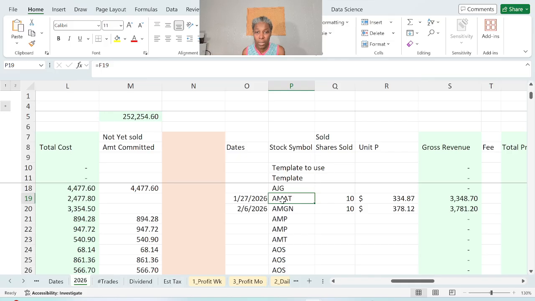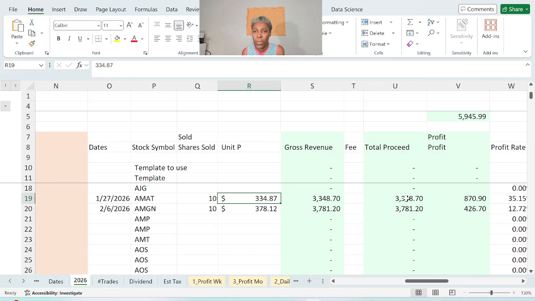again I have a formula here for that symbol to be automatically filled in for me. I'll just type the date there, the number of shares again, and how much I sold it for, because I tend to sell all the shares at once. A formula can be there as well, but I prefer not to put a formula there. So on the same row that I record how much I paid for it, I like to record how much I sold it for.